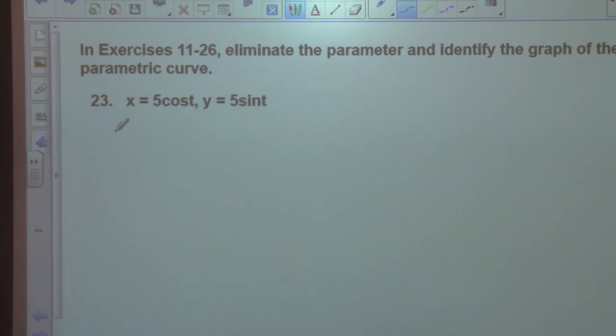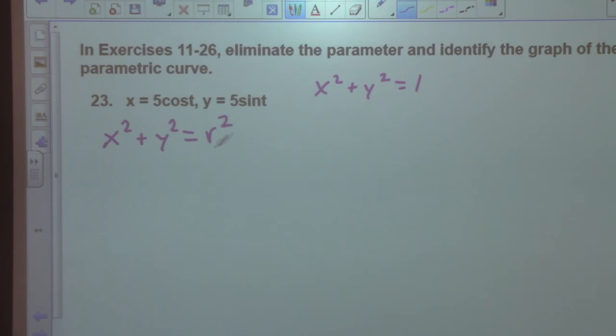Do you remember something like this? If we wrote x squared plus y squared equals 1, what we have is an equation of the unit circle. This is your equation of your unit circle. So this is a more generalized form where you have a radius.